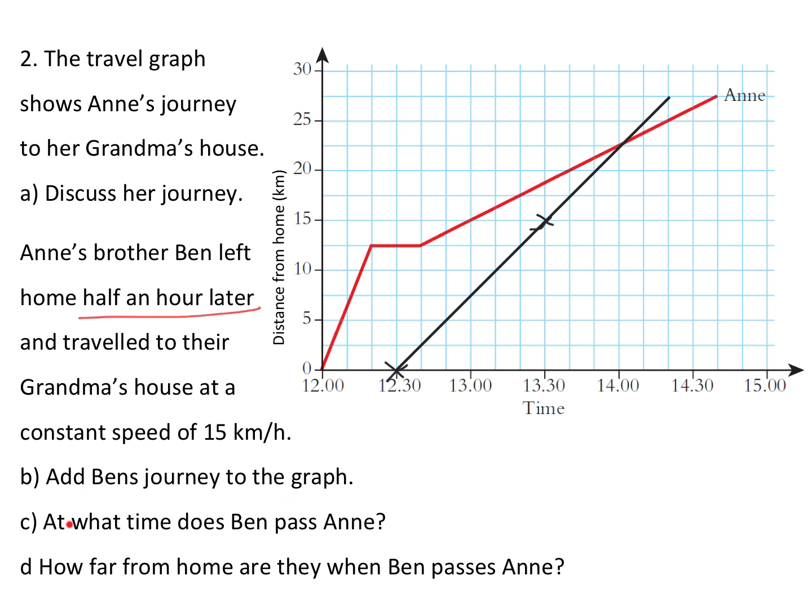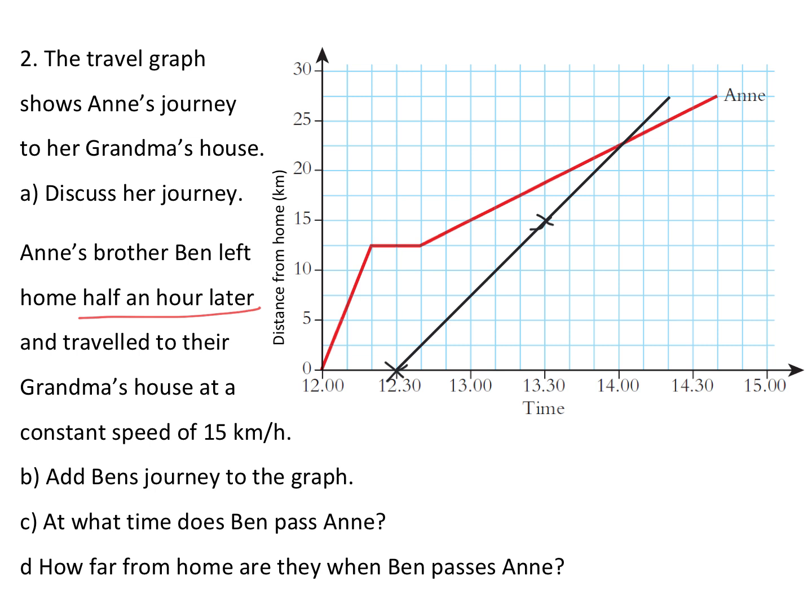And then part C is what time does Ben pass Anne? So this is the distance time graph. So here they cross, and the significance of that is that they are both going to be 22.5 kilometres from home. If they're the same distance from home, that means they're basically together.